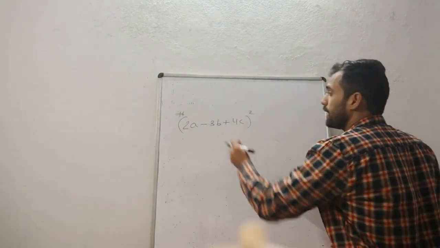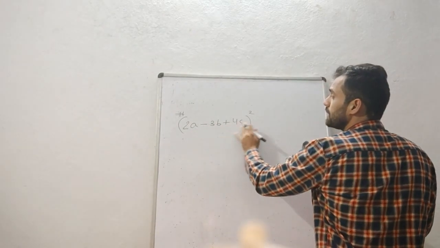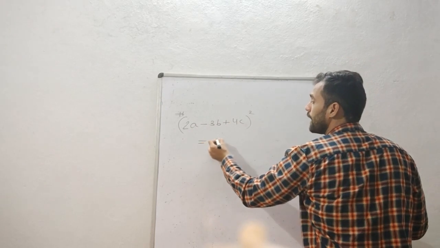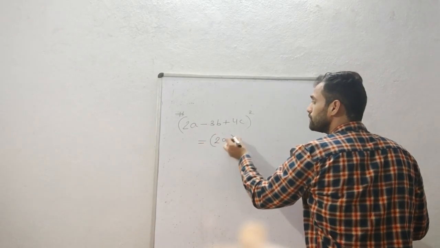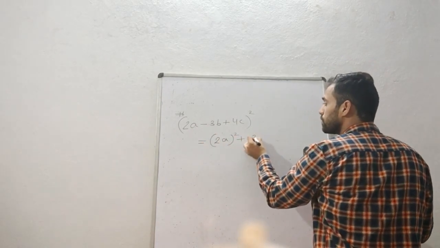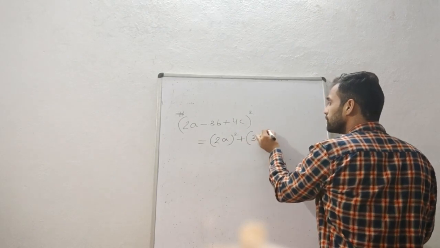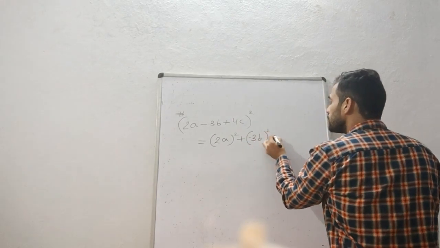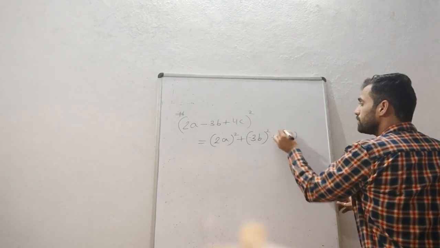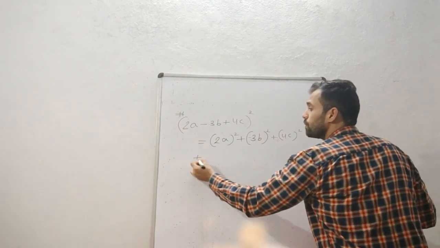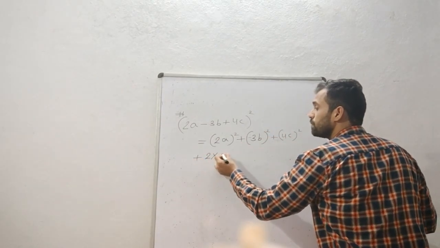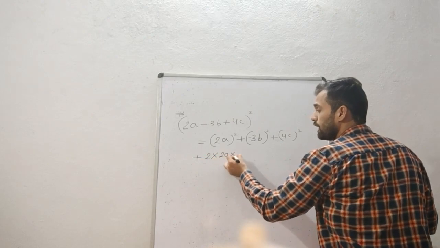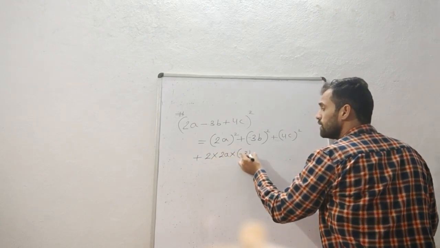So simply the same identity (a plus b plus c) whole square will apply. a square plus b square plus c square plus 2ab. In place of a we have 2a, in place of b we have 3b.